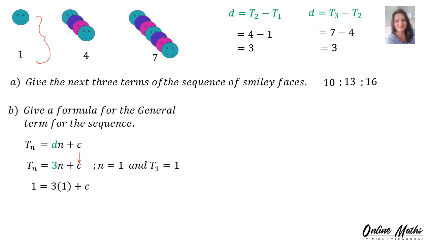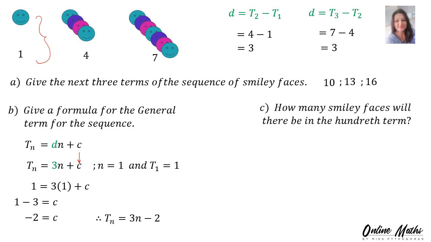So now we substitute in Tn's place 1 and in n's place 1, and we're going to solve C. Therefore, it becomes 1 minus 3 is C, and negative 2 is C's value. Then conclude the general formula for this sequence is Tn is equal to 3n minus 2.